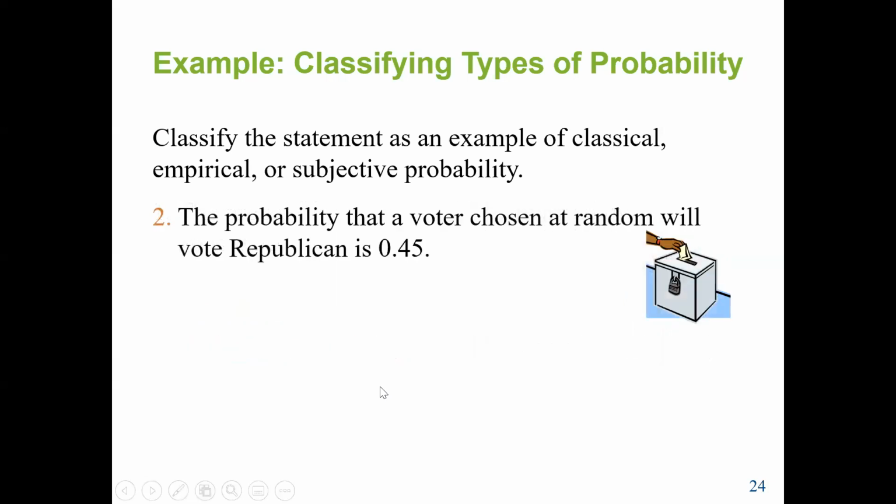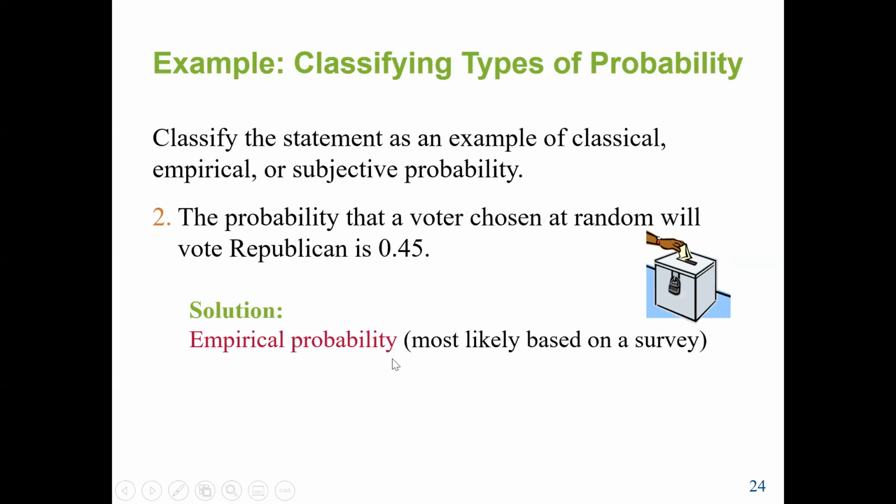Second question: the probability that a voter chosen at random will vote Republican is 0.45. The keyword here is random. So this will be empirical probability, most likely based on a survey.